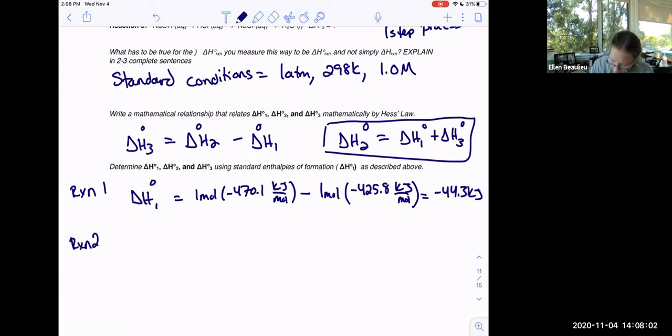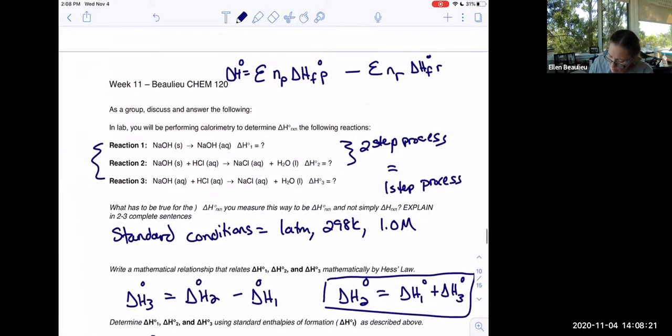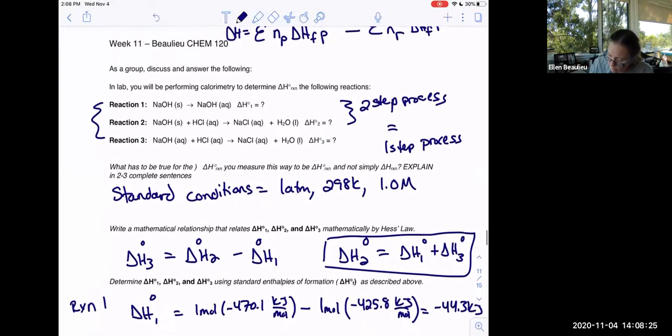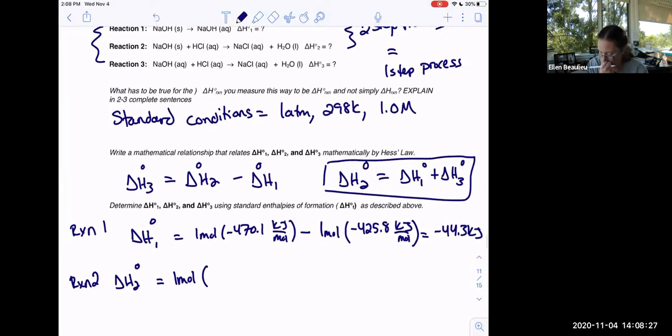I want you all to take the wheel and tell me what to write for reaction 2. Reaction 2, applying this relationship: sum of the moles of the products times delta HF of the products minus sum of the moles of the reactants times delta HF of the reactants.